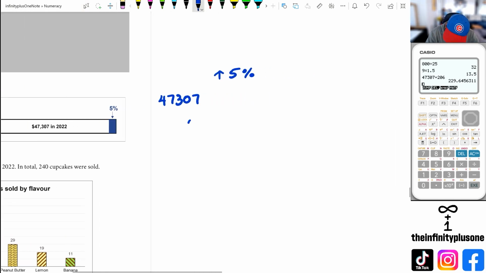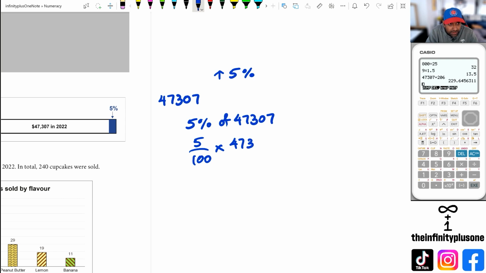So the first step is I'm going to work out what 5% of 47,307 is. To do that, I've got 5 over 100 times 47,307, so 47,307 times 5 divided by 100. That's going to give me $2,365.35.